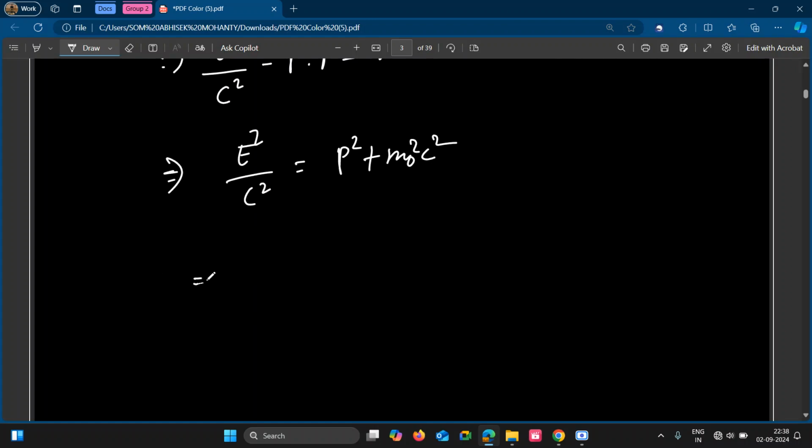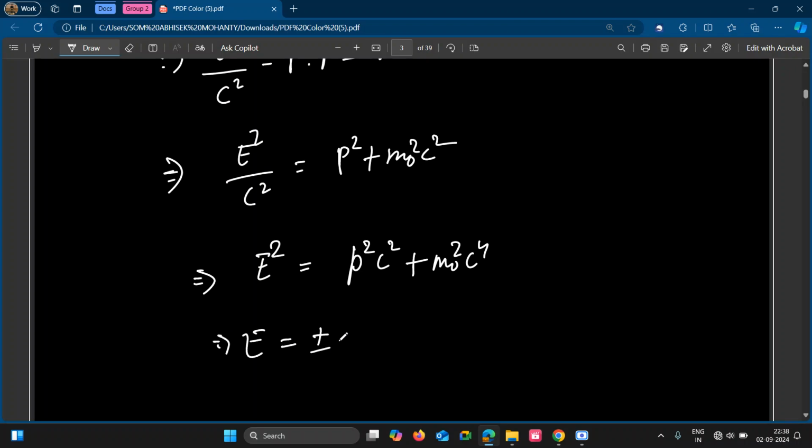So E square is P square C square plus M naught square C to the fourth. And if I take the root, E is equal to plus or minus root over P square C square plus M naught square C to the fourth.